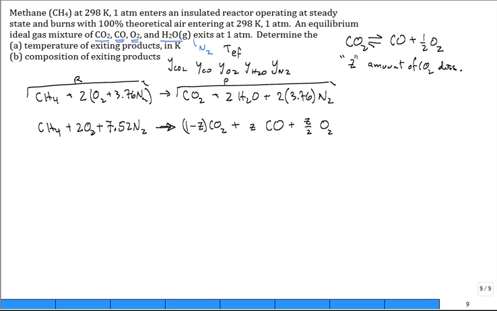Got it? Maybe some of you are like, hey, this is so easy. Like quality? Yeah, something like that, yeah. So this was the hard part. We still have the 2 H2Os going along because the hydrogens need to balance. And we still have the 7.52 nitrogens going along.